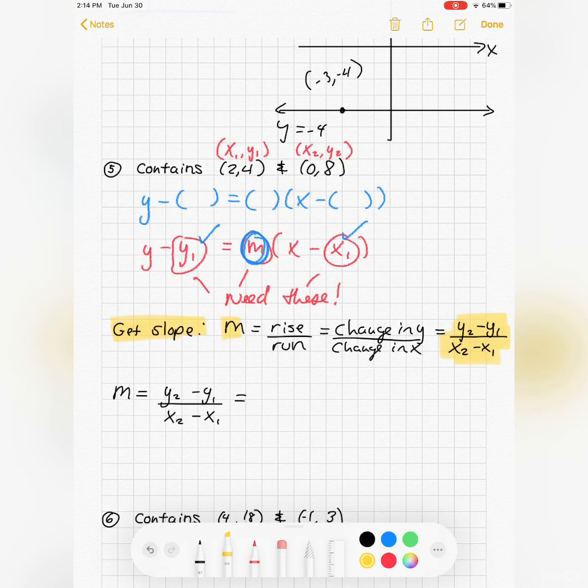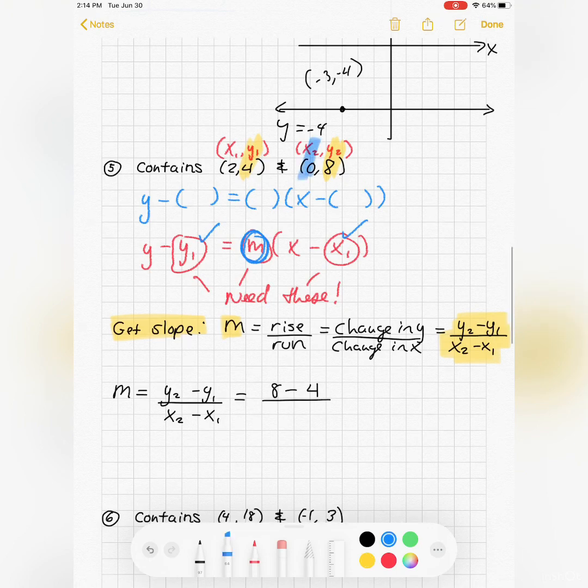So look back up here. y2 minus y1. So 8 minus 4 over x2 minus x1. 0 minus 2. 8 minus 4 is 4 over -2 is -2.